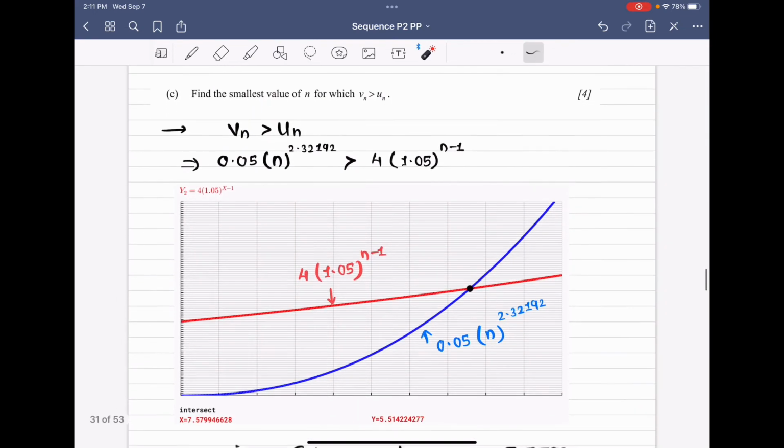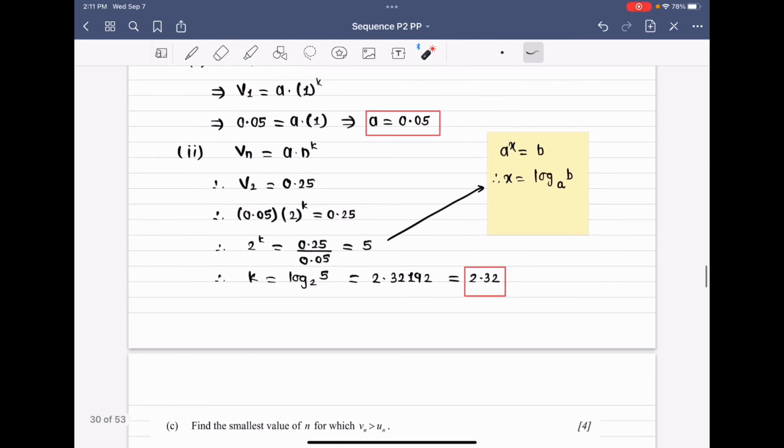Last part, find the smallest value of n for which sequence Vn is greater than sequence Un. Vn, we already know the formula, a times n raised to k. We know the value of a, we know the value of k. A is 0.05, n we don't know, k we know is 2.32192, don't use the rounded one.